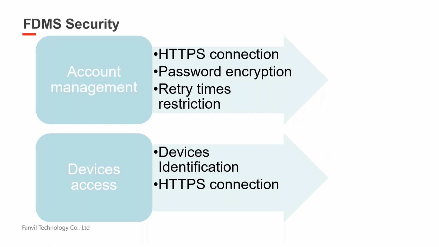And also, our devices have their own identification to make sure only Fanvil devices can access the FDMS server, and not any other devices. Also, all the internal communication, no matter authentication, all the devices connect via TR069. They will all be based on HTTPS.